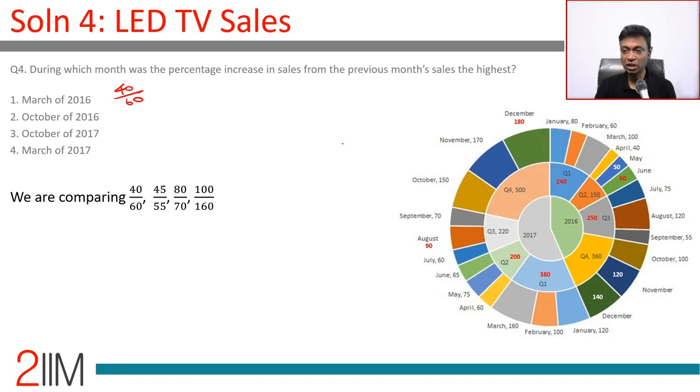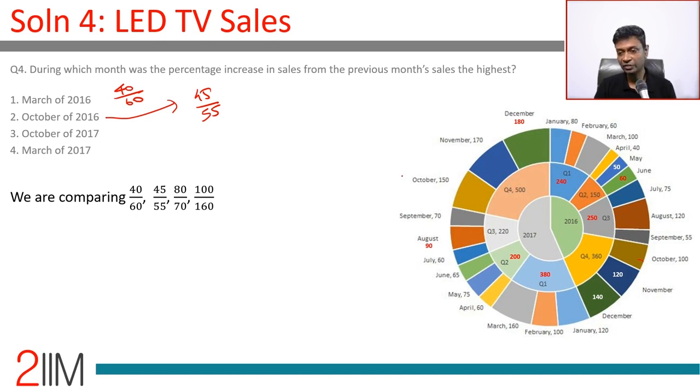Difference by initial into 100, that's percentage increase. October 2016 is from 55 to 100, so this will be 45 by 55 into 100. We're just comparing, so I'm forgetting about the into 100 part. I'm going to think of them as fractions.